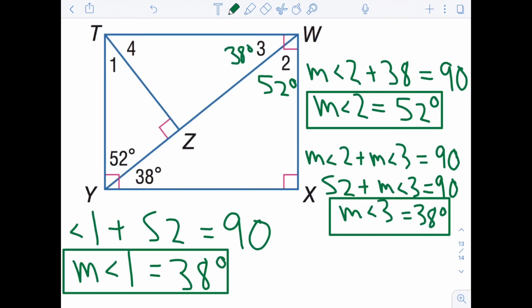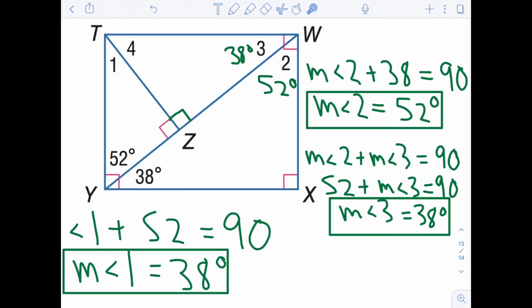So now let's find the measure of angle 4. We know that this is a right triangle right here because this part right here is a straight line, which means it adds to 180. So since this part is 90 right here, then that means this part must be 90 as well, because 90 plus 90 is 180. So since we know it's a right triangle, we can use the corollary to the triangle angle sum theorem.